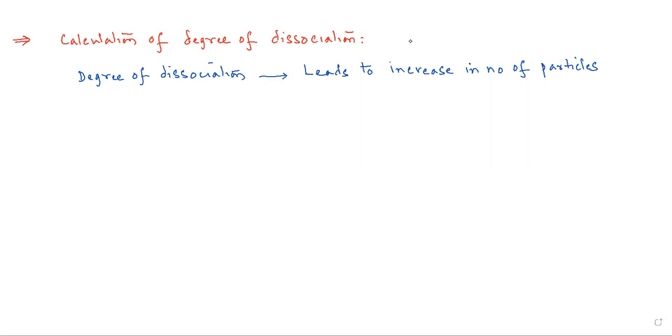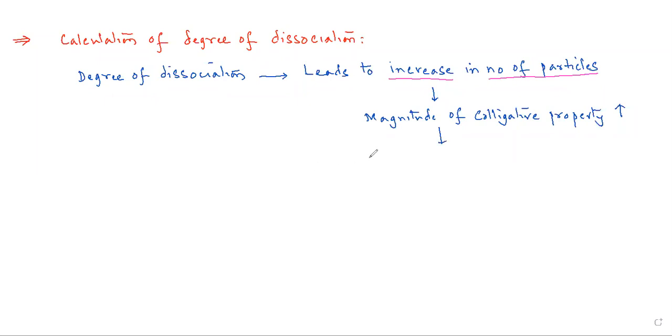See, when the number of particles increases, the magnitude of the colligative property also increases.